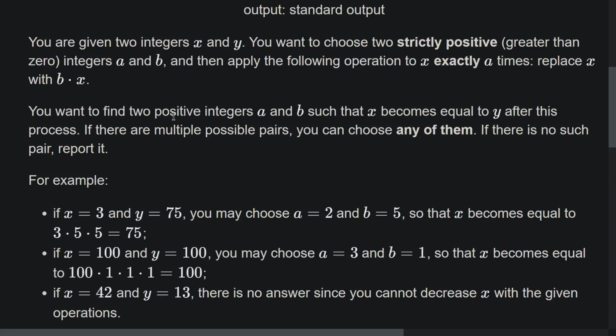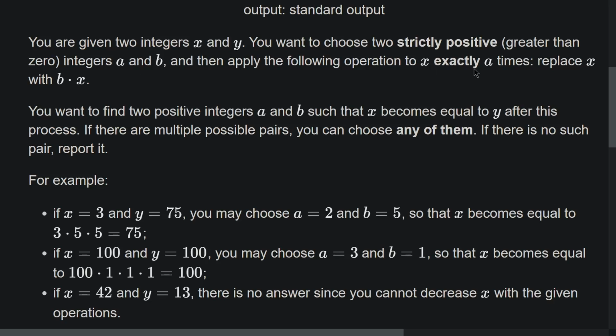So the statement is saying that you are given two integers x and y, and you want to choose two strictly positive integers a and b, greater than 0, and then apply the following operation to x exactly a times.